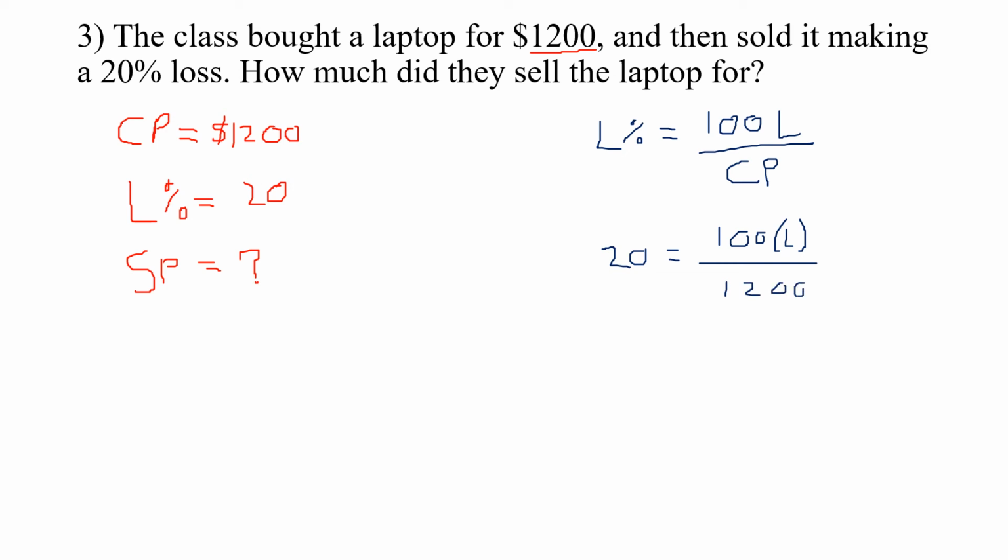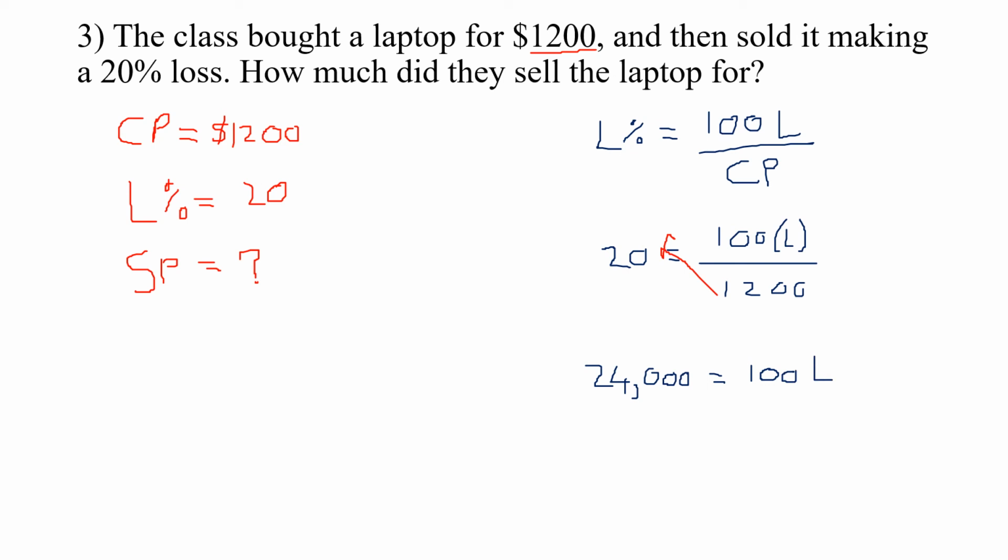And let's do our maths now. Here I could cross multiply. When I cross multiply, the 1,200 goes to the top. Again, go back to that video on cross multiplication. So here I would end up with 24,000. Big numbers. 24,000 is equal to 100L.